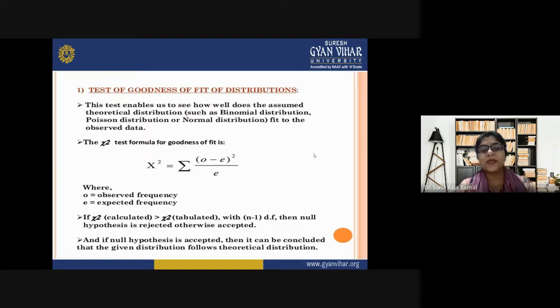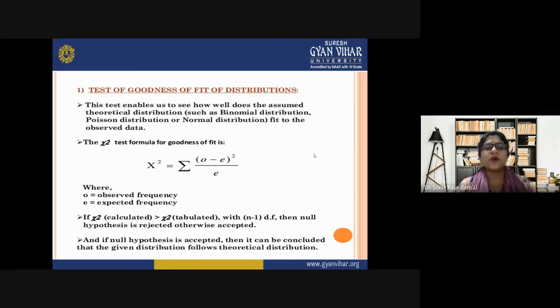The chi-square test formula for goodness of fit is chi-square equals the summation of (O minus E) squared upon E, where O means observed frequency and E means expected frequency.